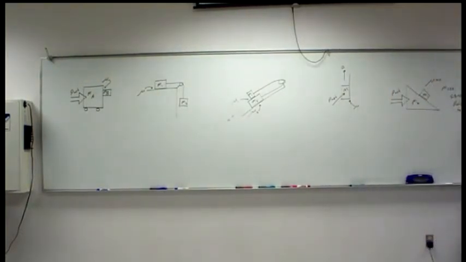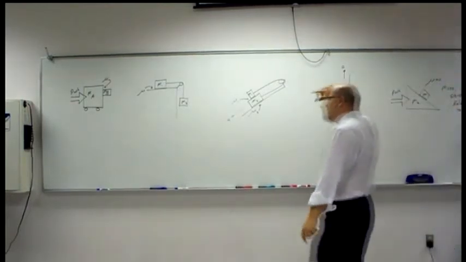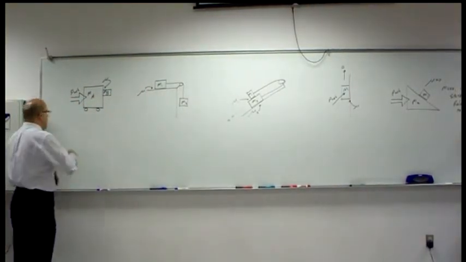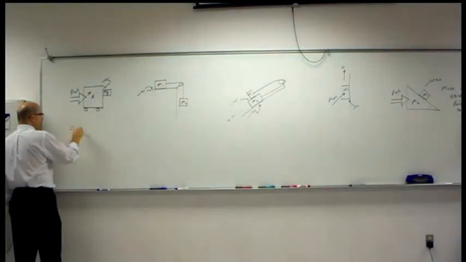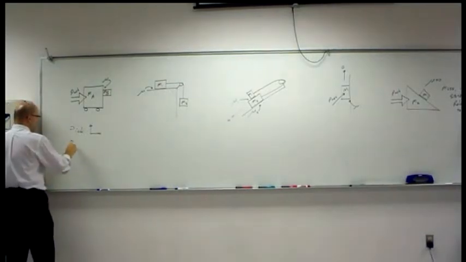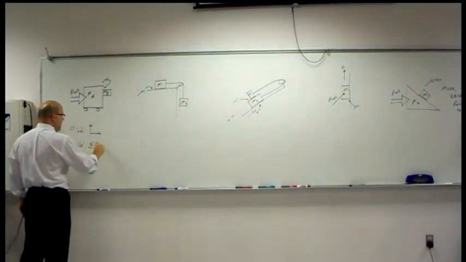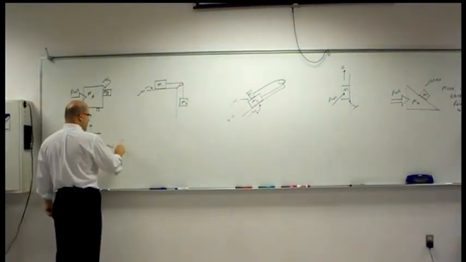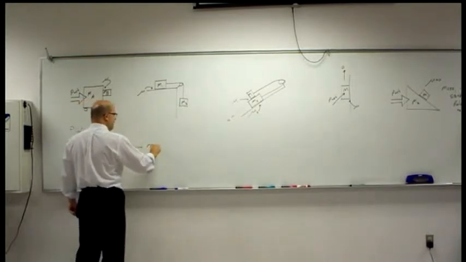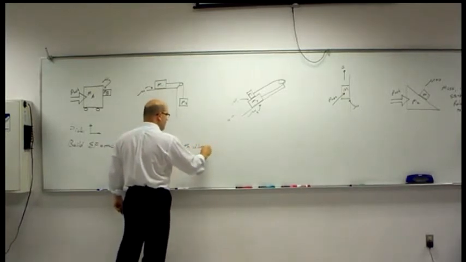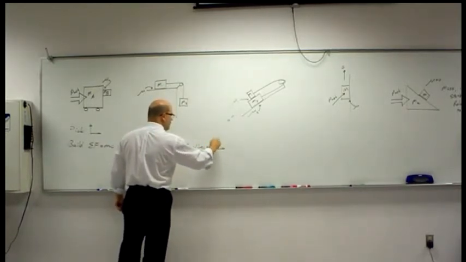Okay, we have about 6 minutes. So here you go. Here are your 5 homework assignments. In each case, I want you to pick your coordinate system and build F equals MA for each mass in both directions of your coordinate system.